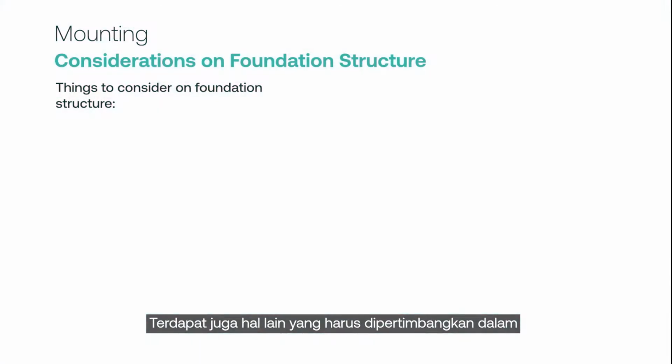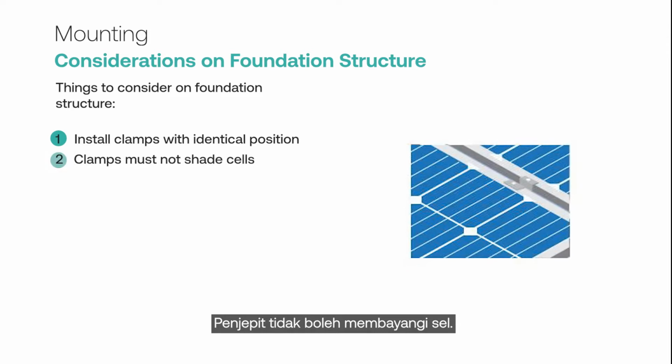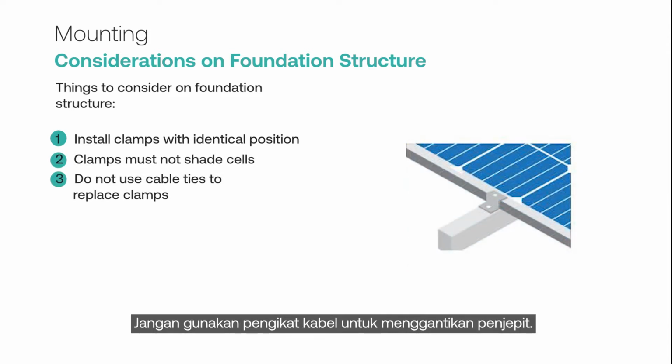There are also other things that must be considered in installing the foundation structure of the PV module. Install clamps both at the end and middle, with identical position and tightly. Clamps must not shade cells. Do not use cable ties to replace clamps.